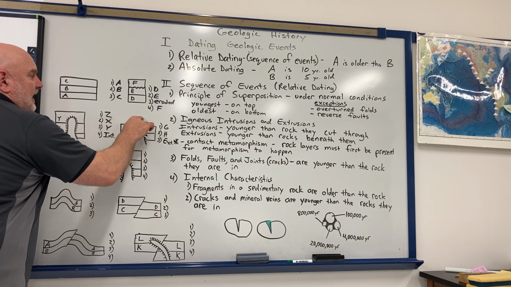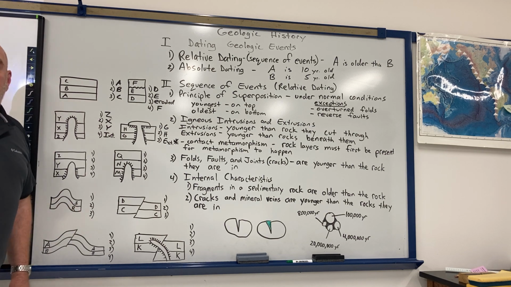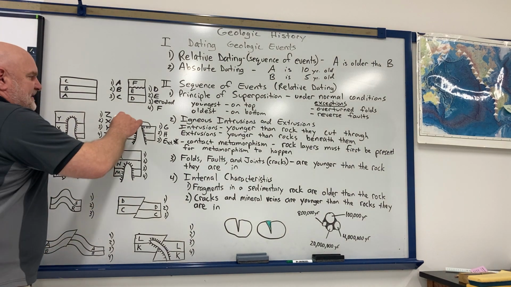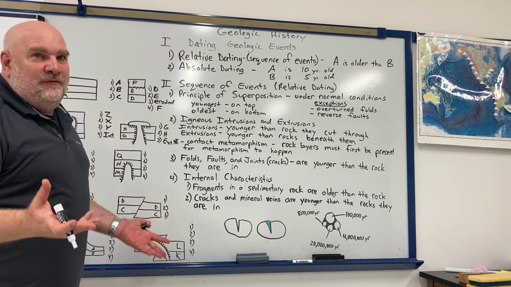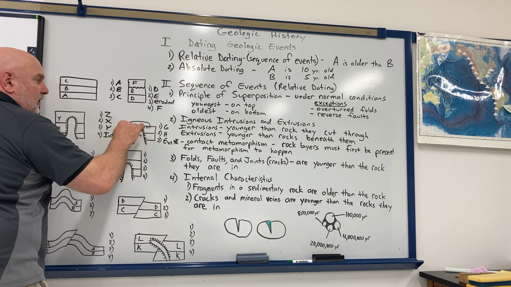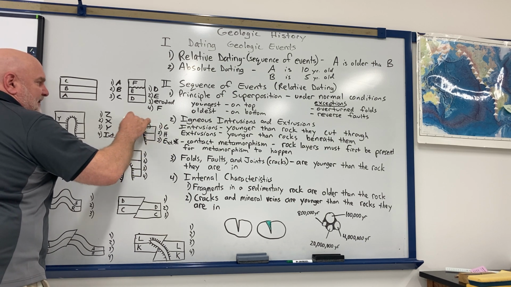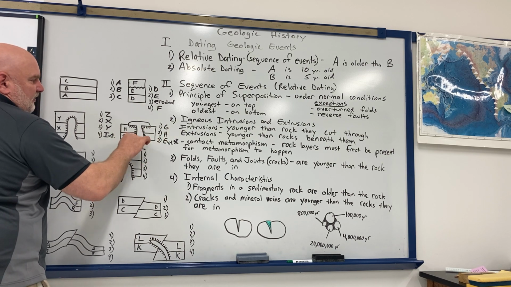But if you notice on top, there is no contact metamorphism, because with an extrusion, what's on top is air, and there's no such thing as contact metamorphic air. All right, so with extrusions, there's no contact metamorphism on top. So G, H, and then the extrusion happened.